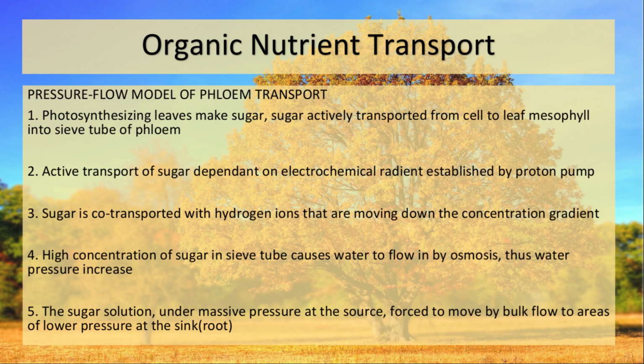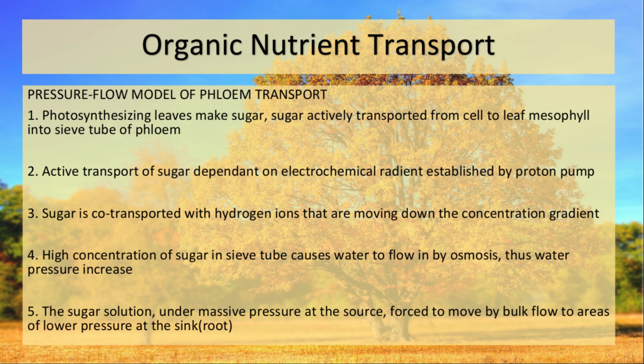This model explains the translocation of sugar. Photosynthesizing leaves produce sugar, and that sugar is pumped into the sieve tube of the phloem by active transport. The active transport depends on an electrochemical gradient established by a proton pump. Sugar is co-transported by hydrogen ions that are moving down the concentration gradient.